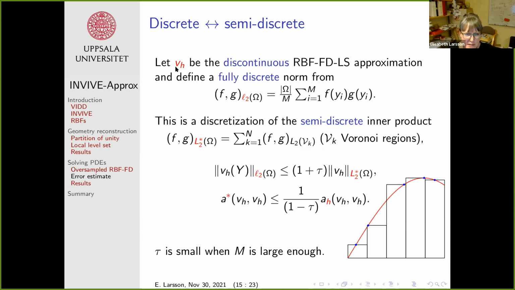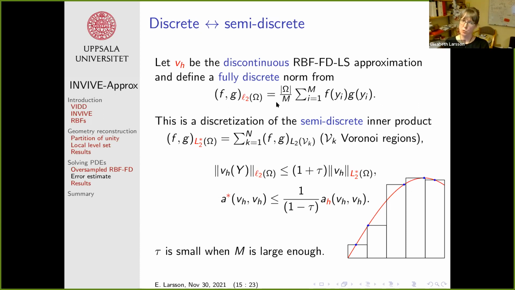So this red function, VH, is a function in the discontinuous trial space of RBF-FT approximations. And our discrete norm is given by a sum over all of these blue points that I showed you before. So yi are the blue points, and this omega over m is like an integration weight.